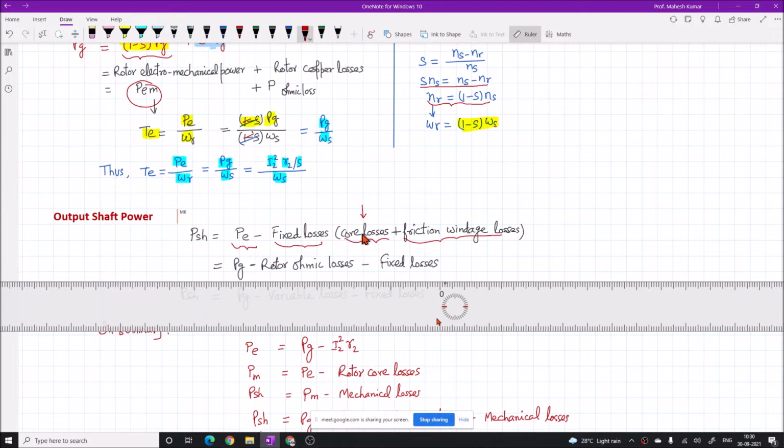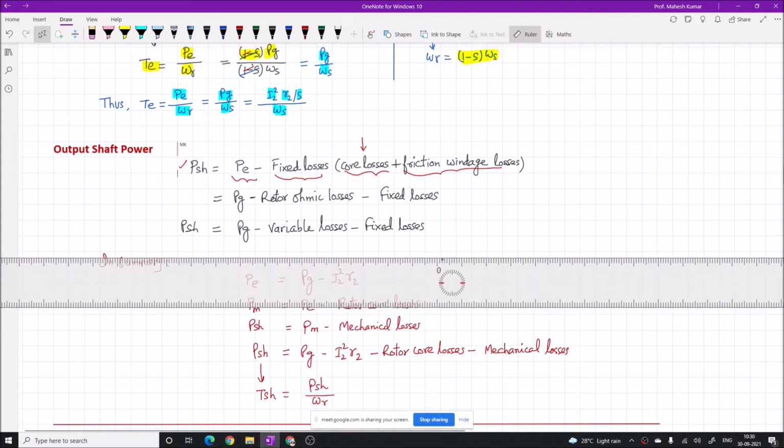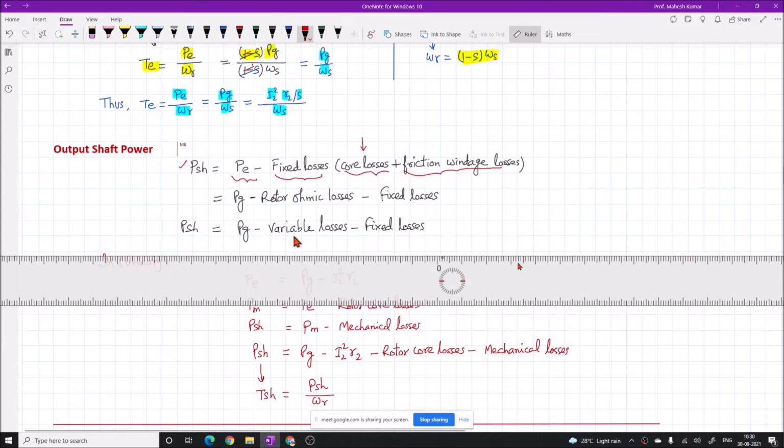So core losses plus friction windage losses are subtracted from the electromagnetic power or electromechanical power, and then we find the shaft power PSH. And we know what PE is. PE is PG, the air gap power, minus variable losses, that is ohmic losses. So basically we have the shaft power equals PG minus variable losses minus the fixed losses.